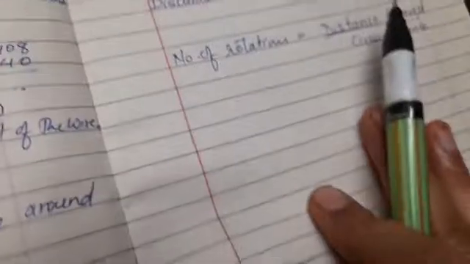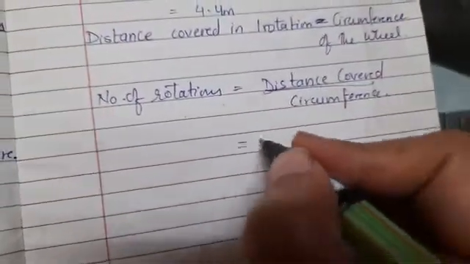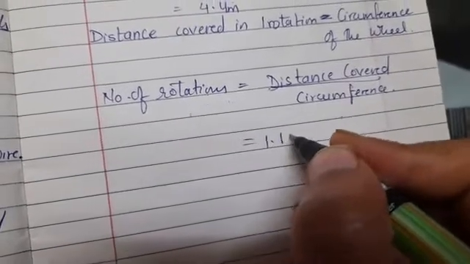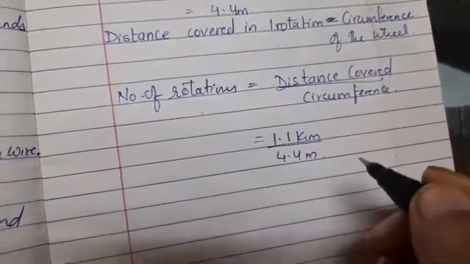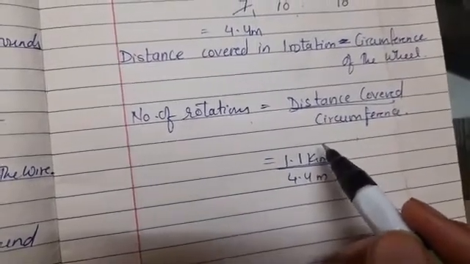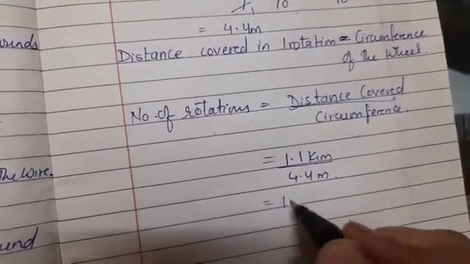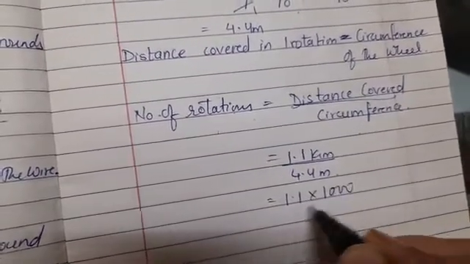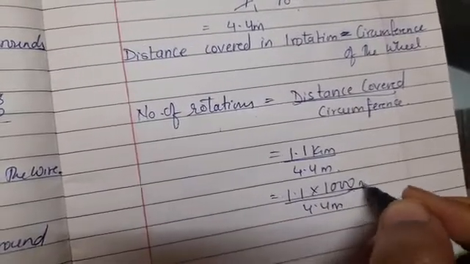Distance covered is how much? 1.1 kilometers, sorry. And this is 4.4 meters. Now what I do, I convert 1.1 into 1000 because 1 kilometer is 1000 meters, no? So 1.1 into 1000 upon 4.4 meters.